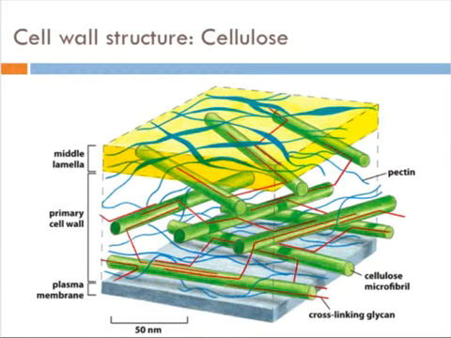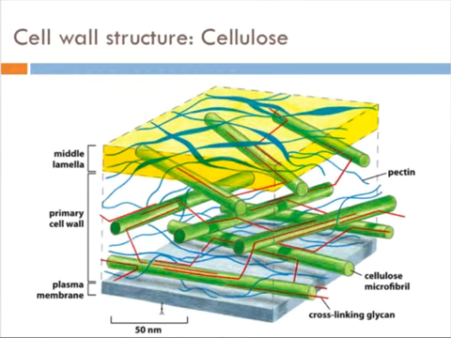Now, the cellulose molecules are going to have to be linked together, and we're going to link them using glycans, which are these red fibers here. So this is how we hold all of this together, is to cross-link using the glycans.